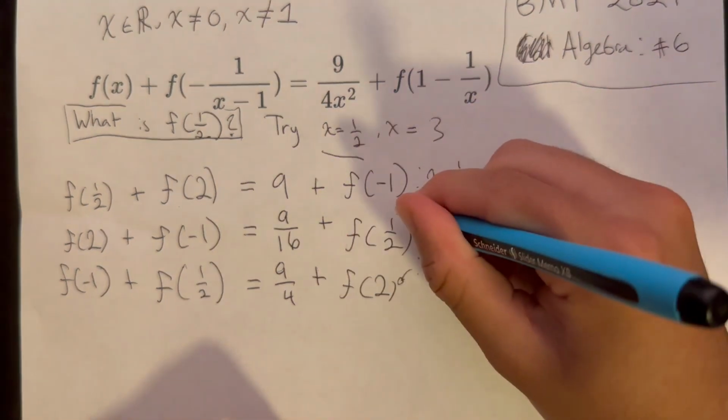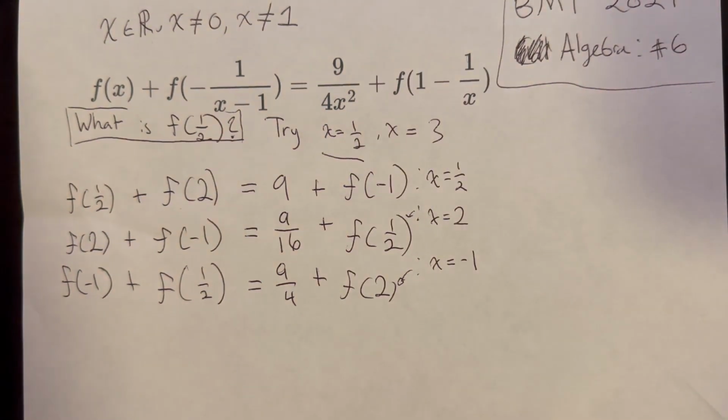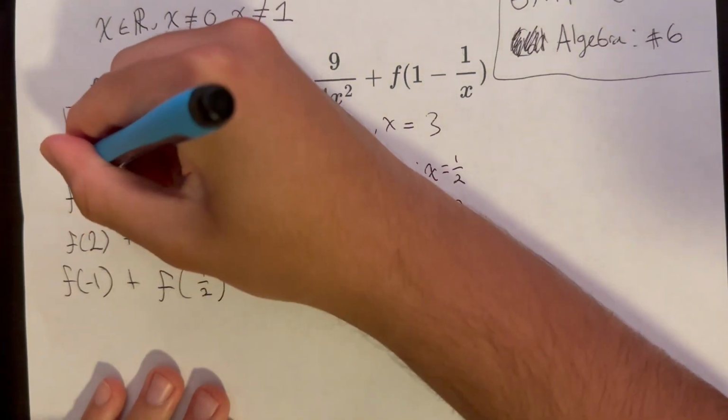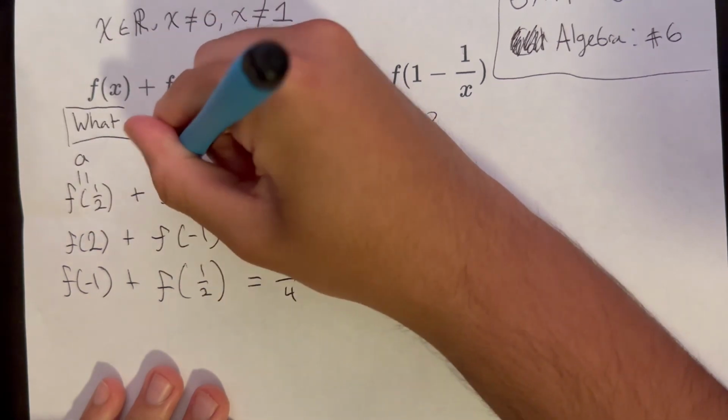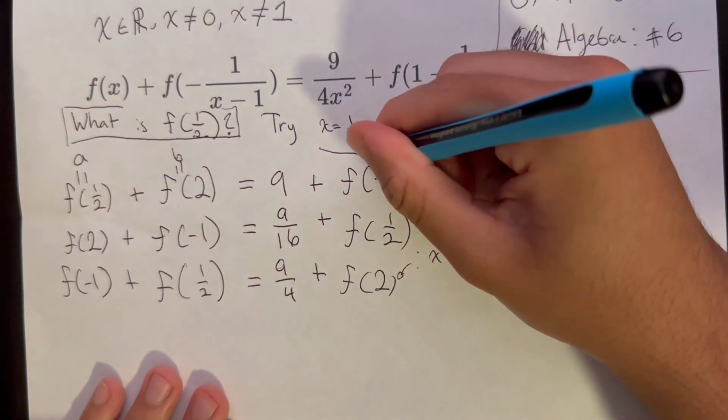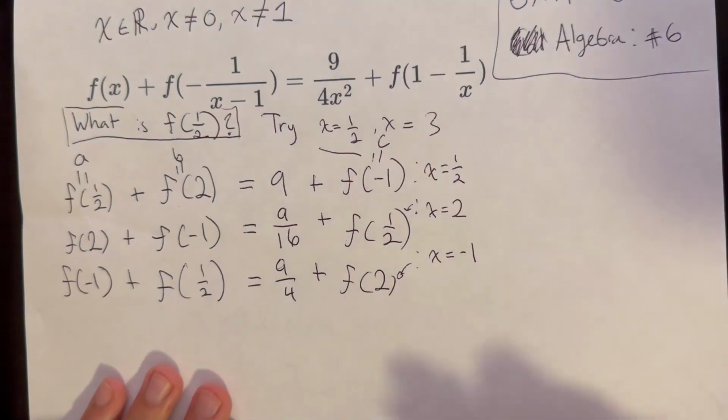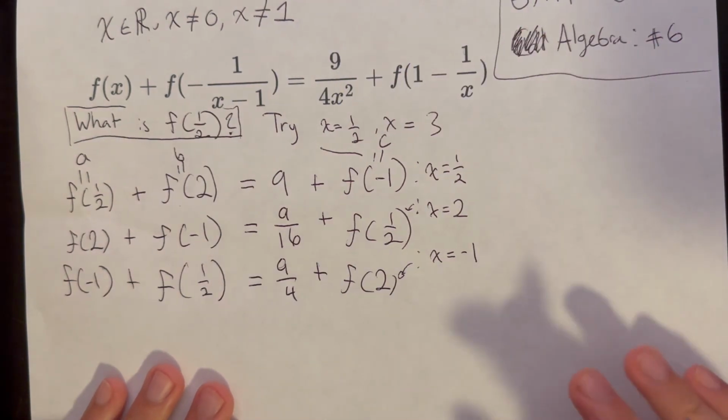So, and let's just make this clear, we see that we kind of have 3 equations involving quote-unquote 3 variables. And I'm actually going to name these. So I'm going to say f of 1/2, let's just call that A, let's call f of 2 B, and let's call f of negative 1 C.